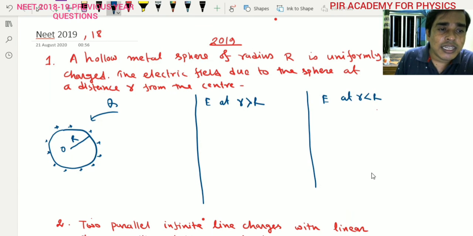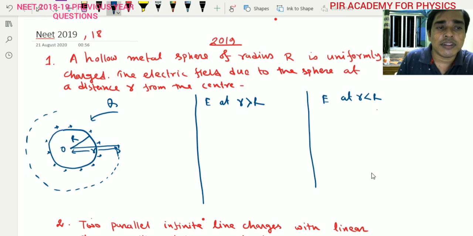Now if I take a point P outside this hollow sphere, suppose this is point P, and the distance is small r from the center of this hollow sphere. Now if I want to calculate the electric field at point P, then we have to draw a Gaussian surface. Suppose this is a Gaussian surface.